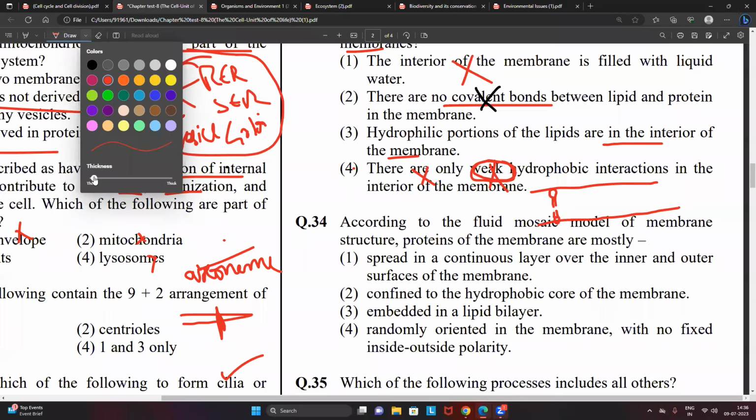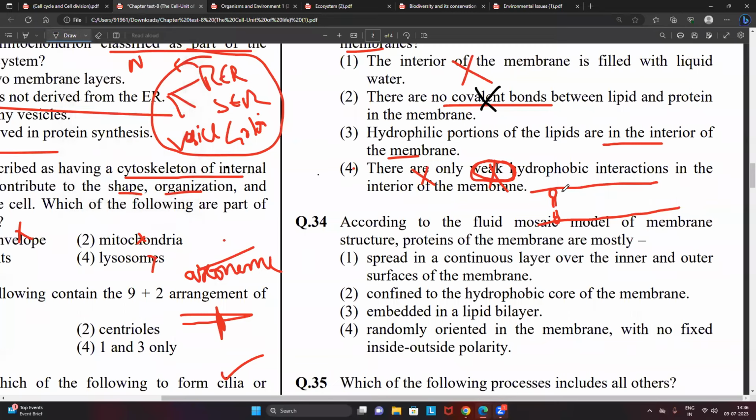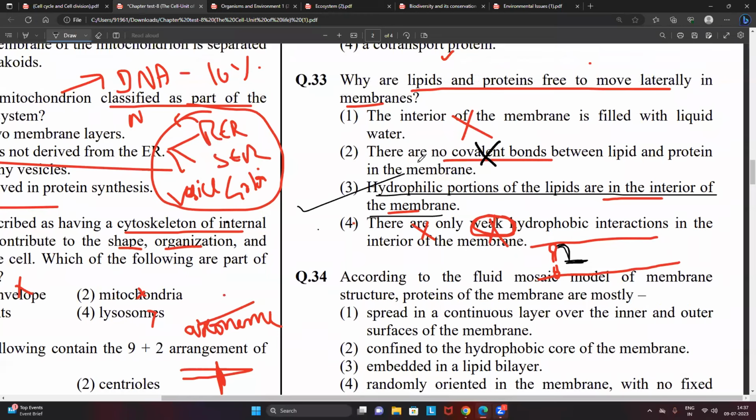I am asking all of you, how does the lateral movement occur? Look into this, this lipid will move like this. Now the head is coming towards which side? You tell me. The head is coming to the interior of the membrane. Then only it can move, right? Otherwise, it cannot move. So the hydrophilic portions of the lipids are in the interior part of the membrane. That is the reason the movement will occur.